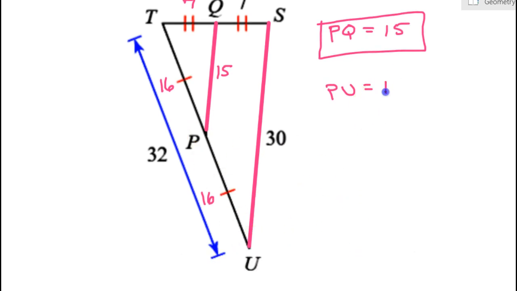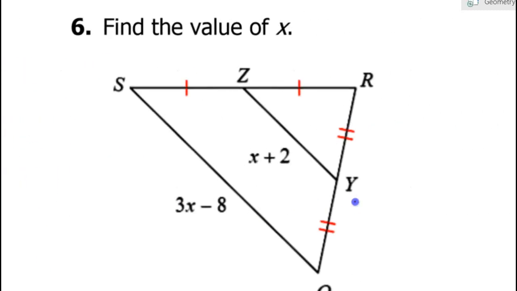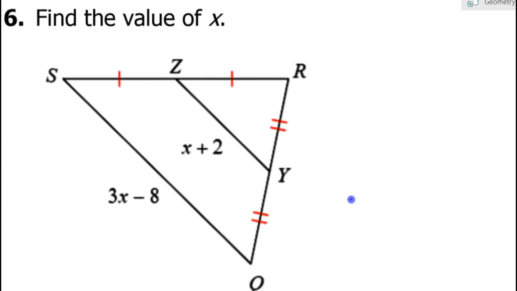We found that that was 16. And we are supposed to find TQ. TQ is this segment right here. It was 7.